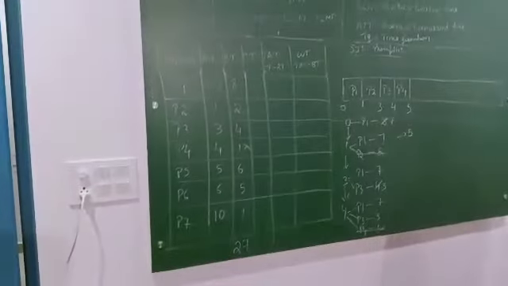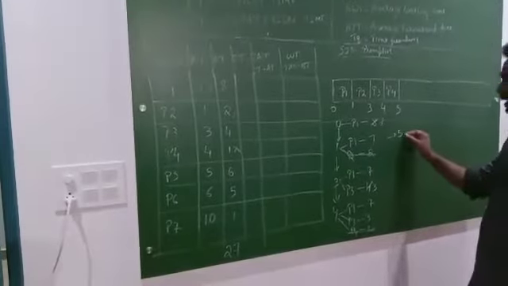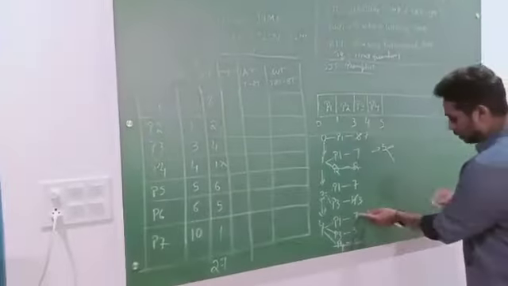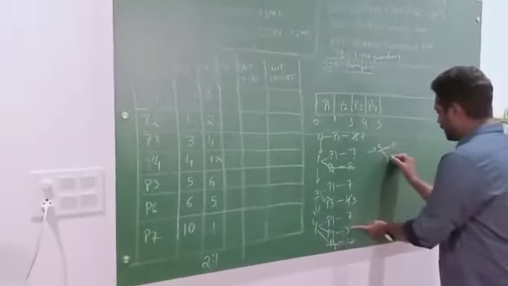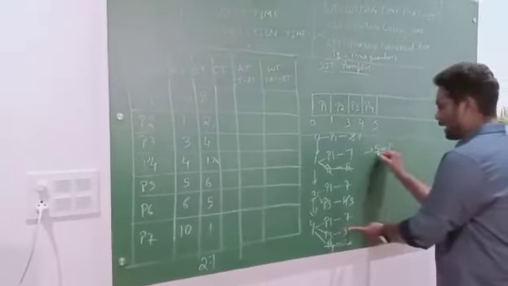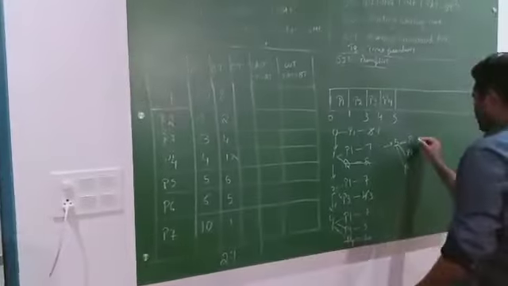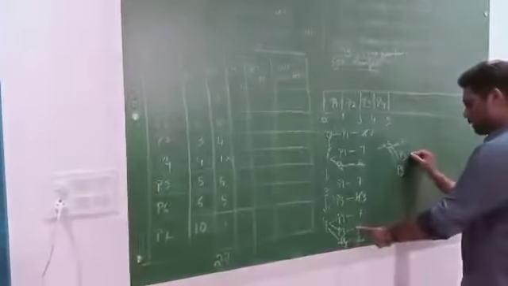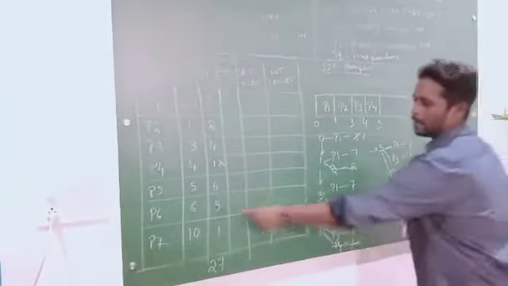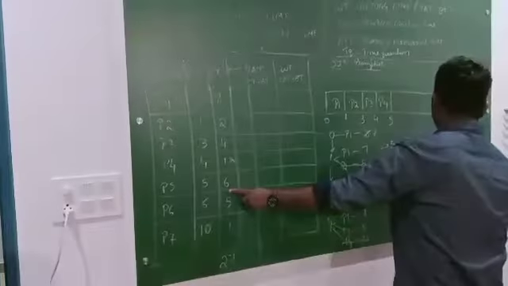At the 5th second, which processes can execute? P1 can execute, not completed. P3 can execute. And the next new process that enters your ready queue is P5. P1 has 7 seconds, P3 has 3 seconds, and P5 has a burst time of 6.